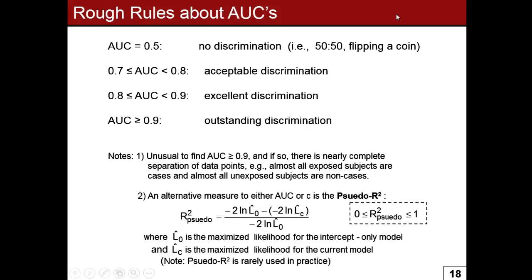People say if it's between 0.7 and 0.8, that's pretty good discrimination. That's a pretty good model. In the 80s, that's even better, excellent discrimination. And above 0.9 is really rarely observed, frankly, and that's fantastic discrimination. You have a point way up there in the corner where you've got the most amazing covariates in your model, and you're able to predict the outcomes in your population very well.